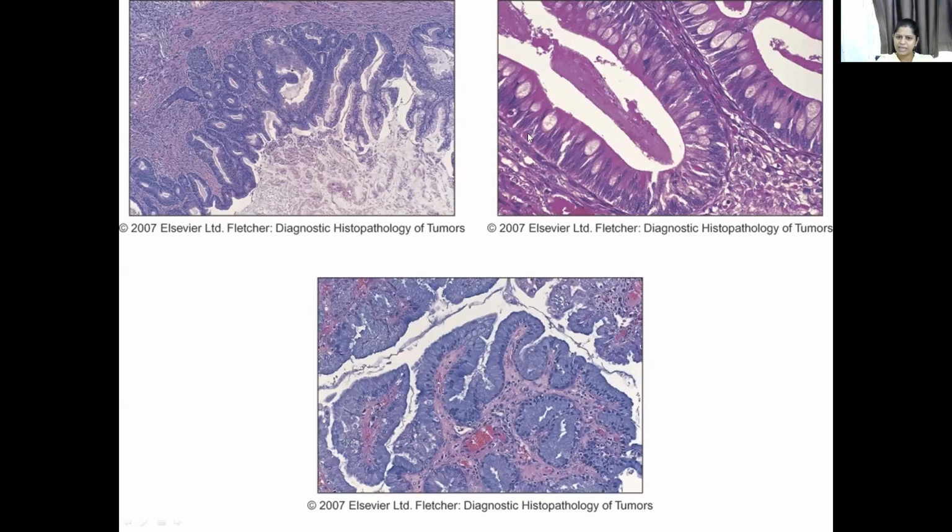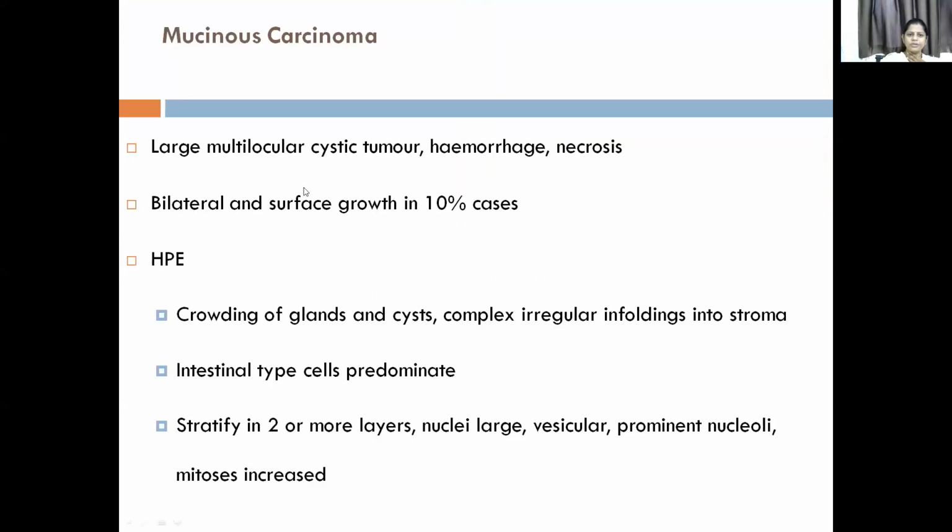See, these are small cavities filled with mucin. Architectural complexity is seen. It is thrown into different finger-like projections with a central fibrovascular core lined by multiple layers of columnar epithelium.